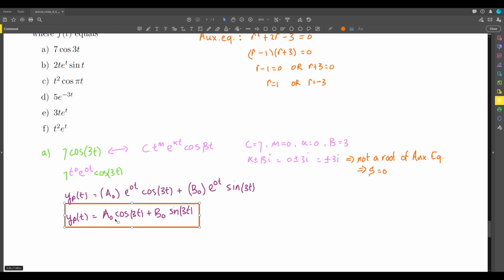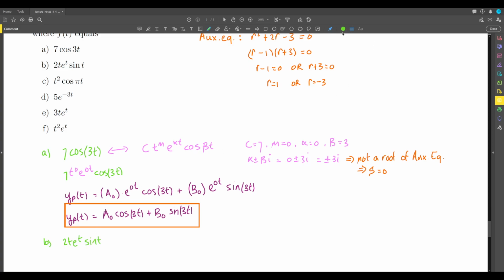Yp of t is a naught cosine 3t plus b naught sine 3t. Okay, the next one, we see that f of t is 2t e to the power t sine of t.